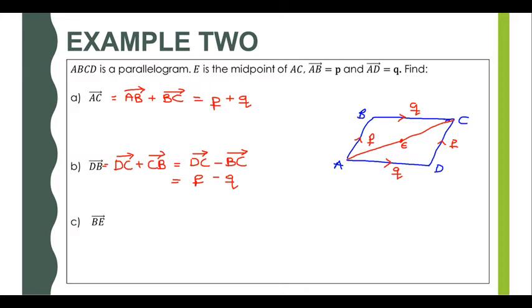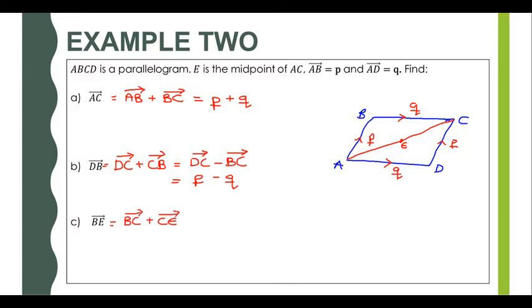The last part's the hardest, so we want the vector BE. So starting at B, we would go B to C and then C to E. So we write this as BC plus CE.